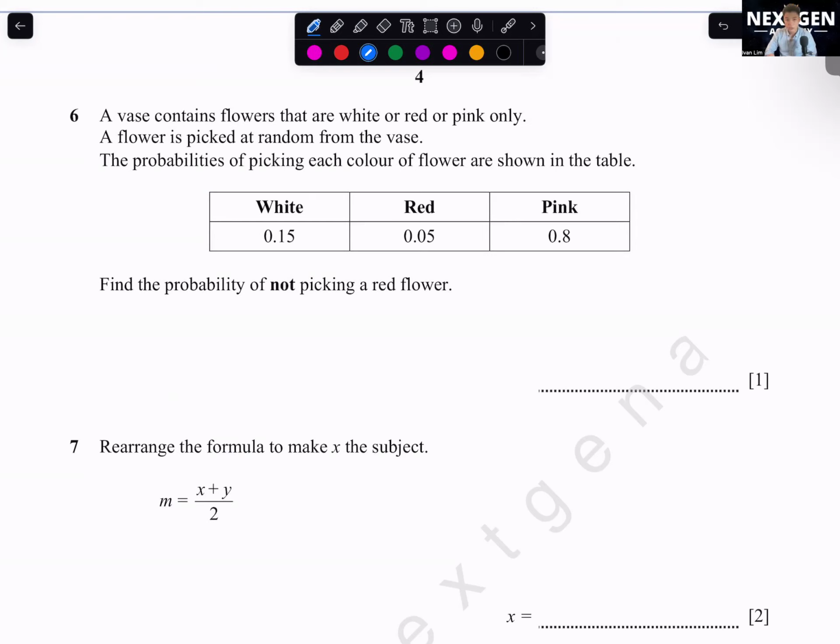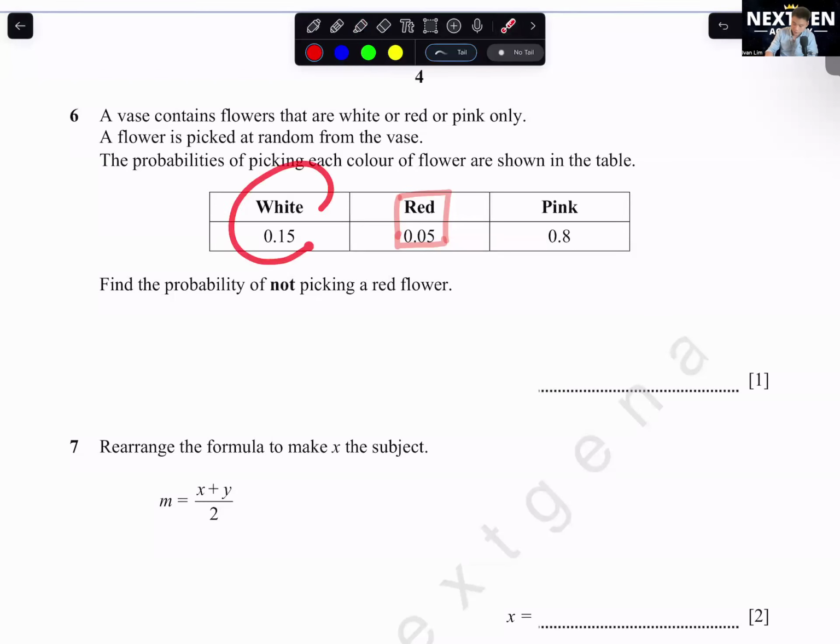Okay, so the concept of probability means your chances of getting something, or an event that is happening. So for red over here, you have 0.05 probability, or 0.05 chance for you to get a red flower. So what is not picking a red flower? There are two ways you can do it.